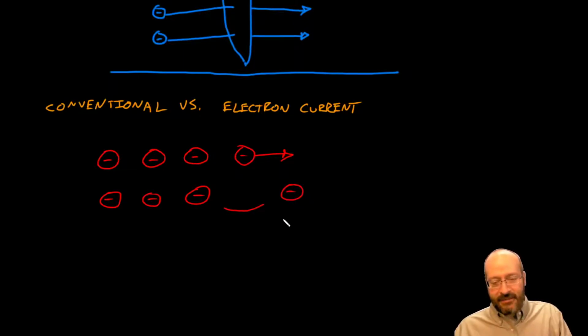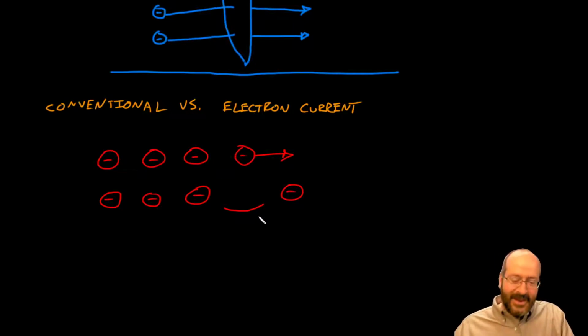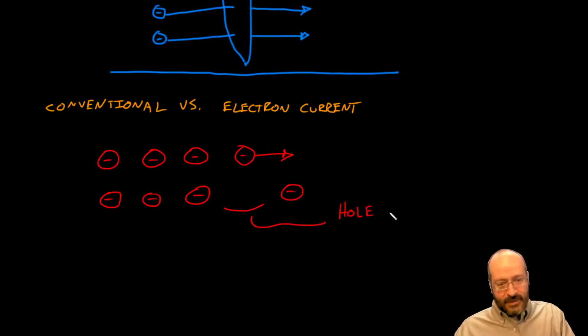And here I have this absence of an electron. It's a hole in the chain, if you will. And that's what we end up calling it. A hole. And that's our positive charge carrier.